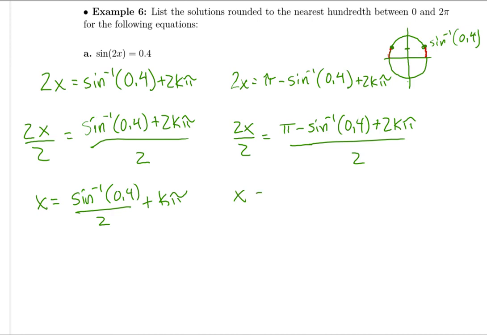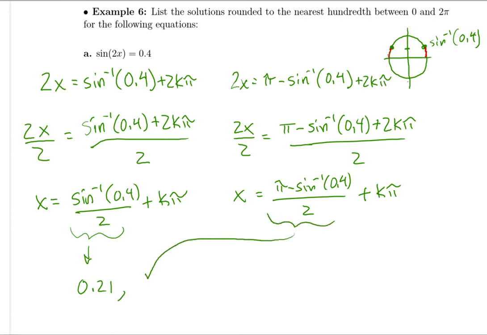And then x equals pi minus the sine inverse of 0.4 all over 2 plus k pi. Now this, if I take k to be 0, this right here gives me 0.21. And then if I take k to be 0 over here, that one gives me 1.37.